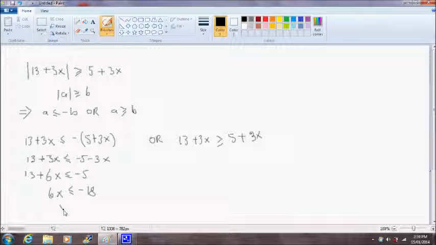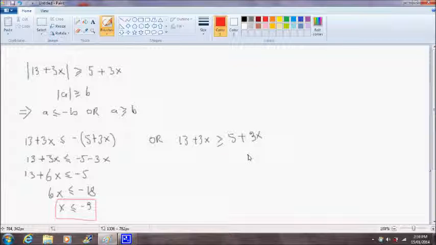And then finally I'm going to divide both sides by 6, and that will leave us with x is less than or equal to negative 3. So we know at least that x must be less than or equal to negative 3 to satisfy this inequality.